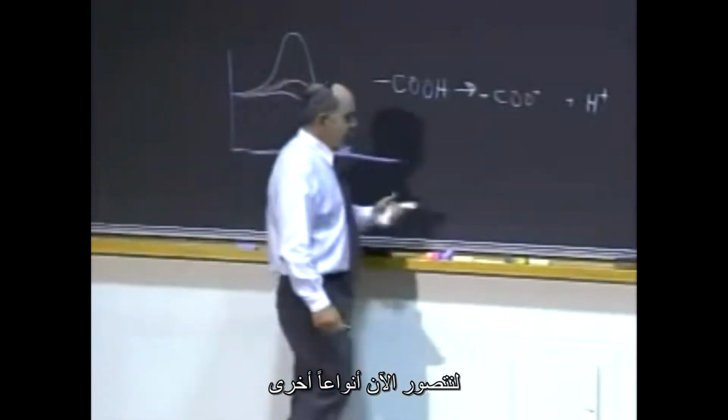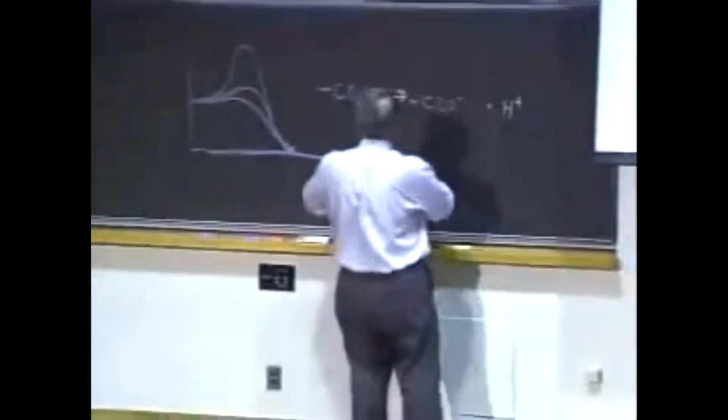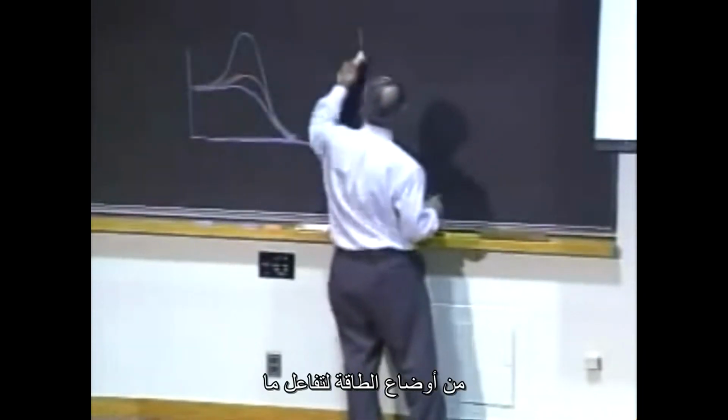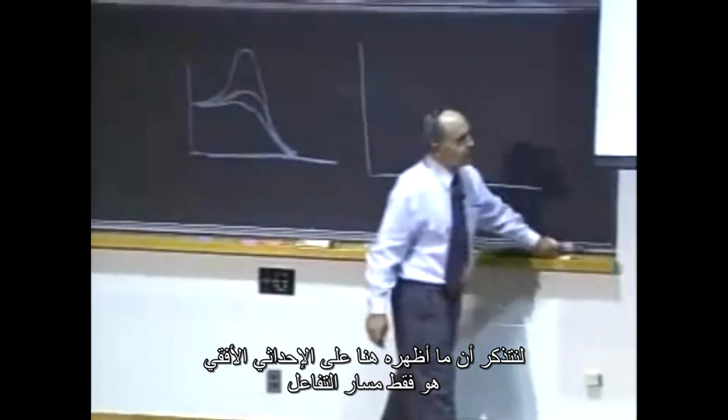Now, let's imagine other versions of the energy profile of a reaction. And keep in mind, what I'm showing here on the abscissa is just the course of the reaction. I'm not really plotting time, I'm just talking about a situation where to the left the reaction hasn't happened, and to the right it has happened.